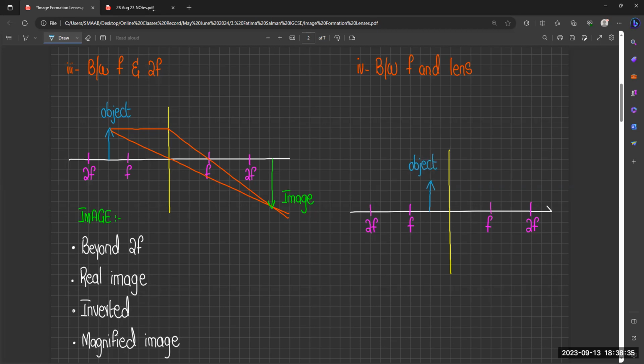Now if we consider the same ray pattern that we already followed, one light ray will move parallel to the principal axis, and the second will move straight through the center. So the first ray will move through the focus, and the second one will move through the center like this.